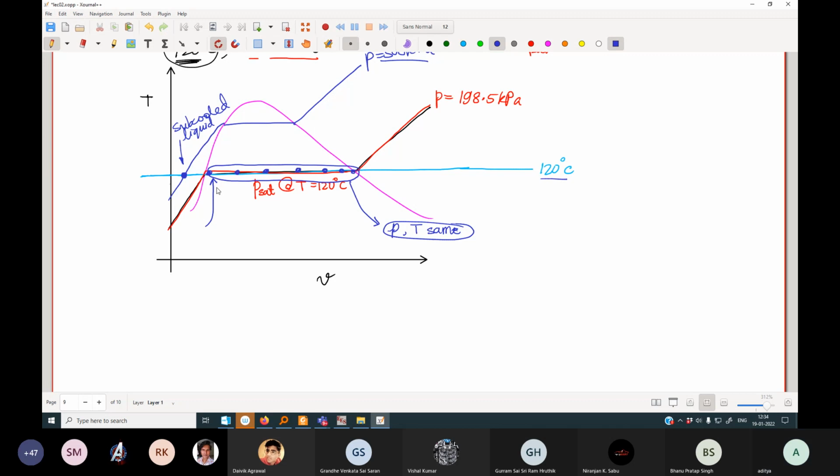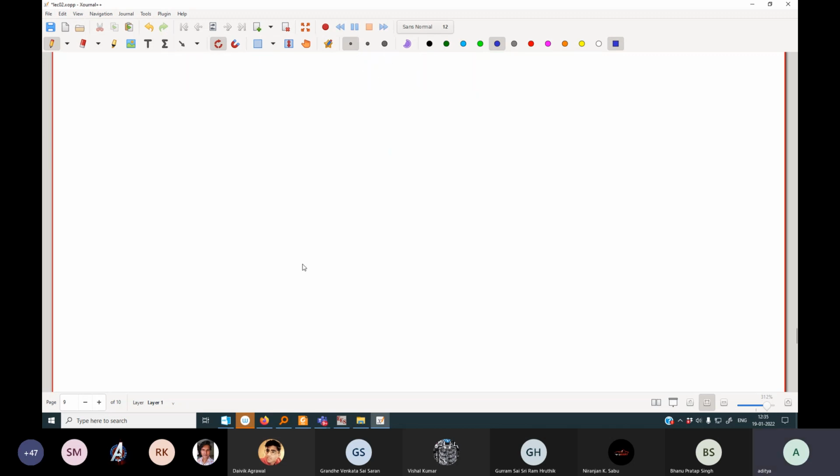So let's go to the second part of the question. Part B says we have to determine where the point is for 120 degrees Celsius and a specific volume of 0.5 meter cube per kg.